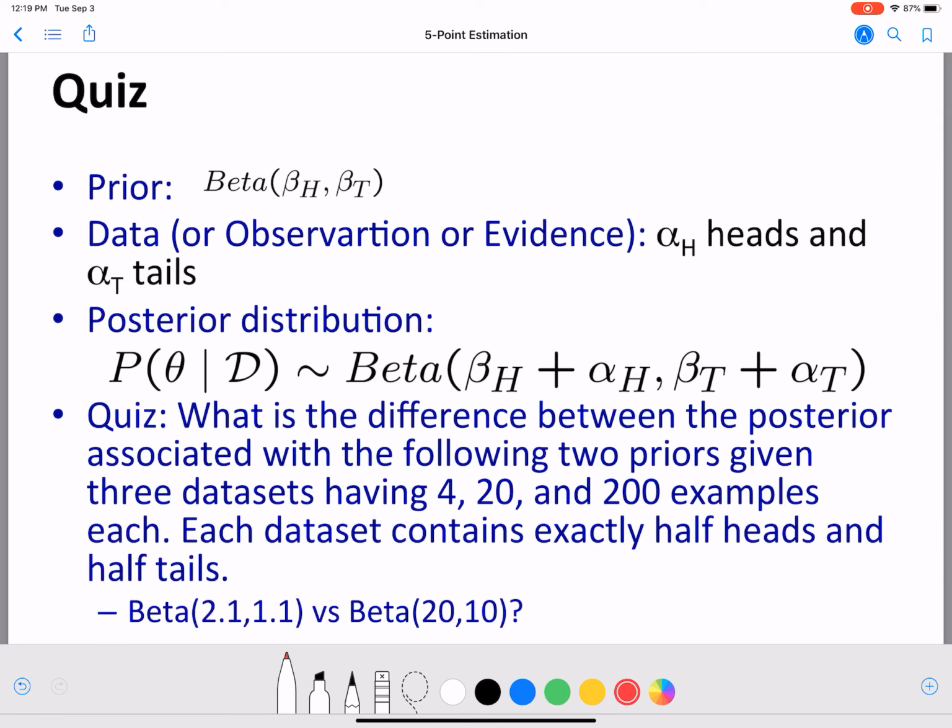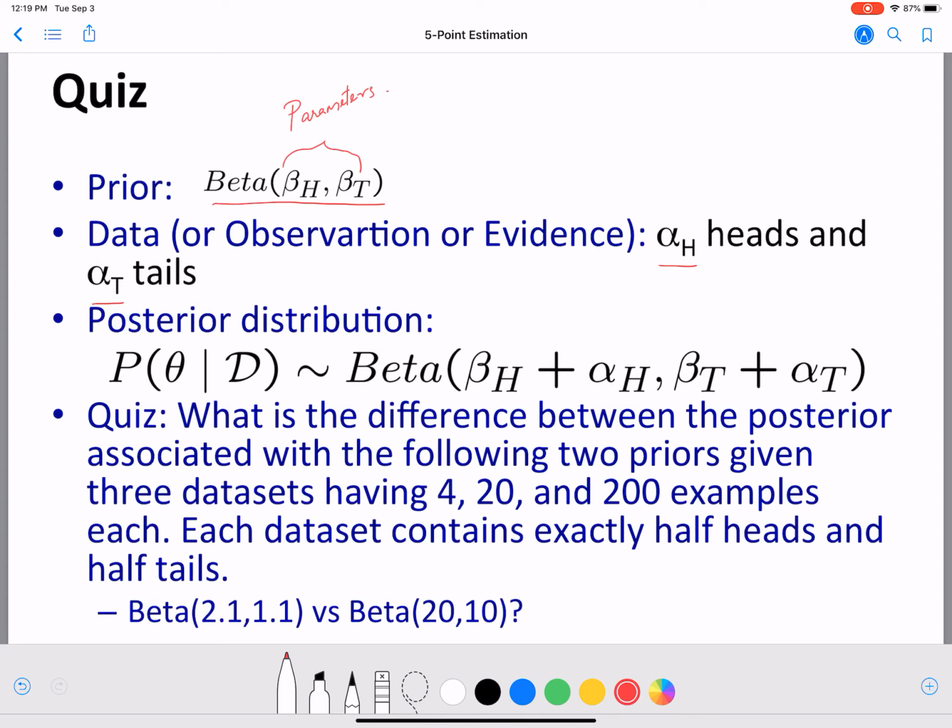Just as a reminder, we have the prior, which is beta of beta h and beta t. Beta h and beta t are parameters of the beta distribution. And we have data that we have collected, and that amounts to alpha h number of heads and alpha t number of tails.